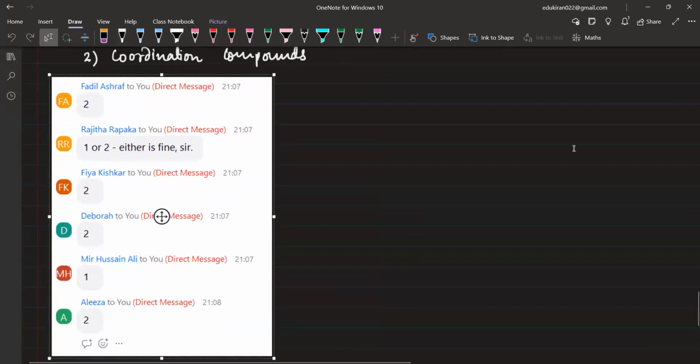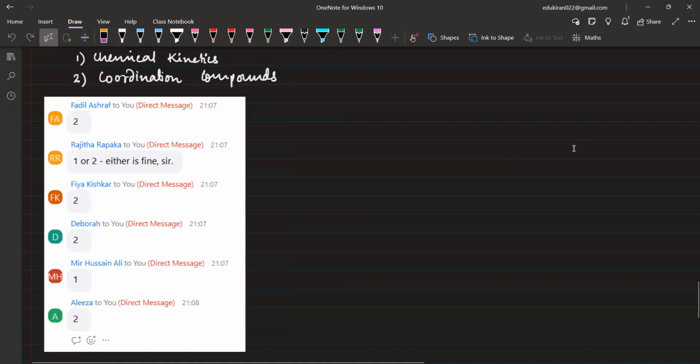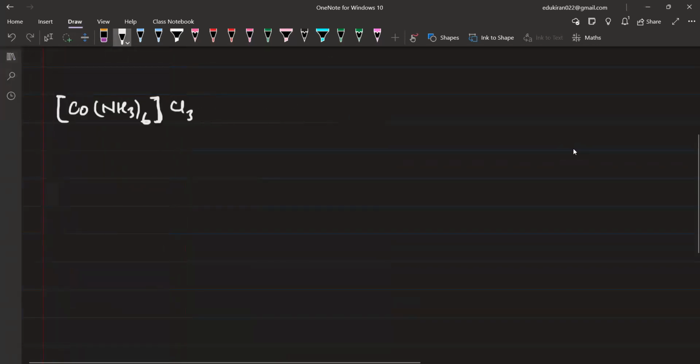The options were coordination compounds or chemical kinetics, and most of the people voted for coordination compounds. That's why I had to start coordination compounds. Okay. So now you will get this twice, you did this in the other batch also. I guess today you probably haven't done the first class, right Yusuf? I don't think so. So do the class today, then we will see your further plan. So this is the first class of coordination compound. Yes, it is the first class. Okay.